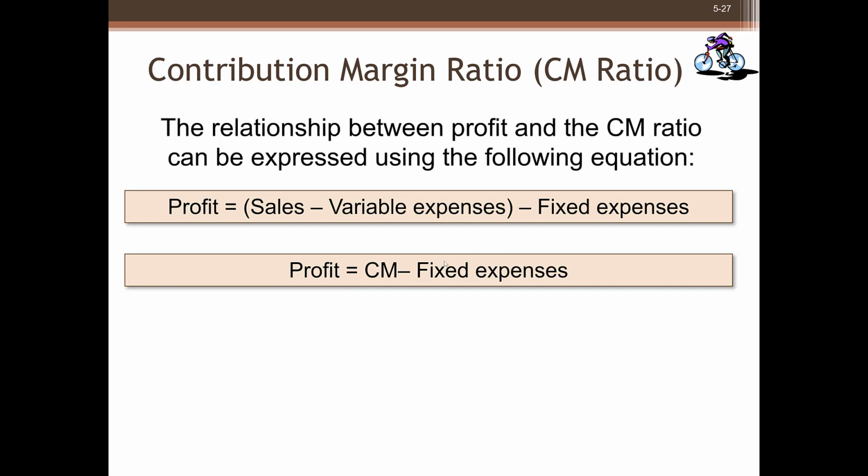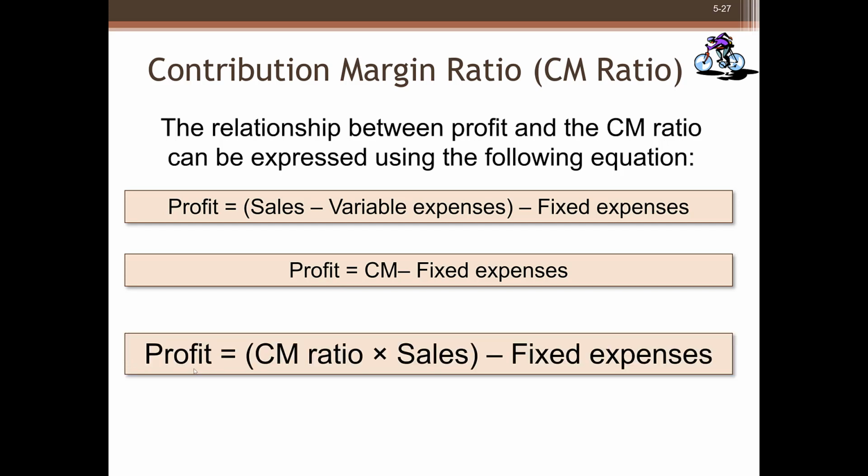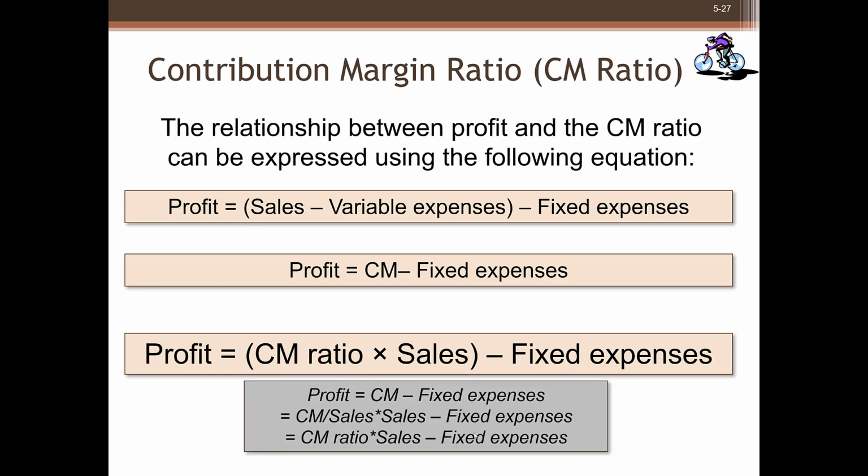Now we can rewrite it in contribution margin ratio format. Profit equals contribution margin ratio times sales minus fixed expenses. How can we get it? Here is a proof. From the second equation, profit equals contribution margin minus fixed expenses.